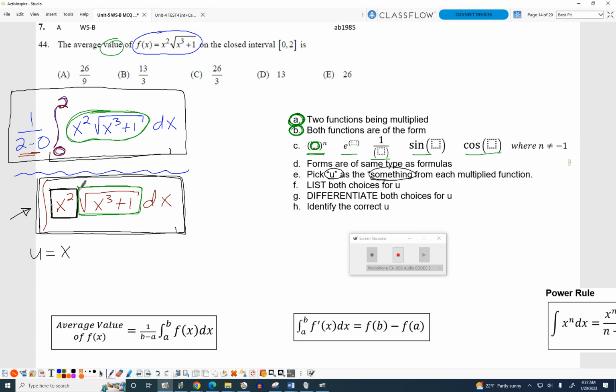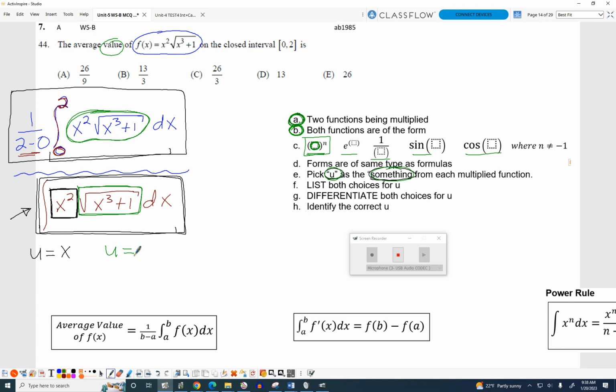So Lexi, if the green formula is following the same pattern, and our U is always the something, what would we choose for U if we're looking at the green? Would it be like the square root of u3 plus 1? Close.